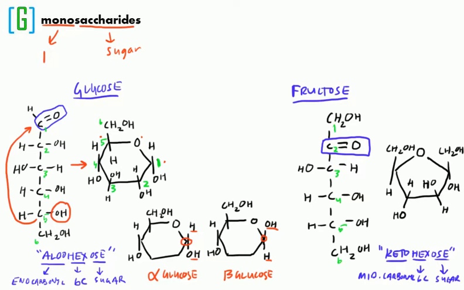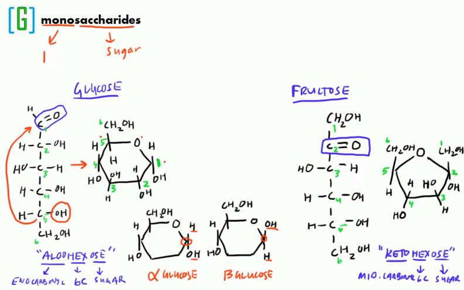Okay, and just to kind of finish our numbering sequence here, our first carbon is actually this carbon, this CH2OH over here, which makes this point of the ring our second carbon. And then down here we have our third carbon, our fourth carbon. This point is our fifth carbon, and then up here, kind of off by itself, is our sixth carbon.